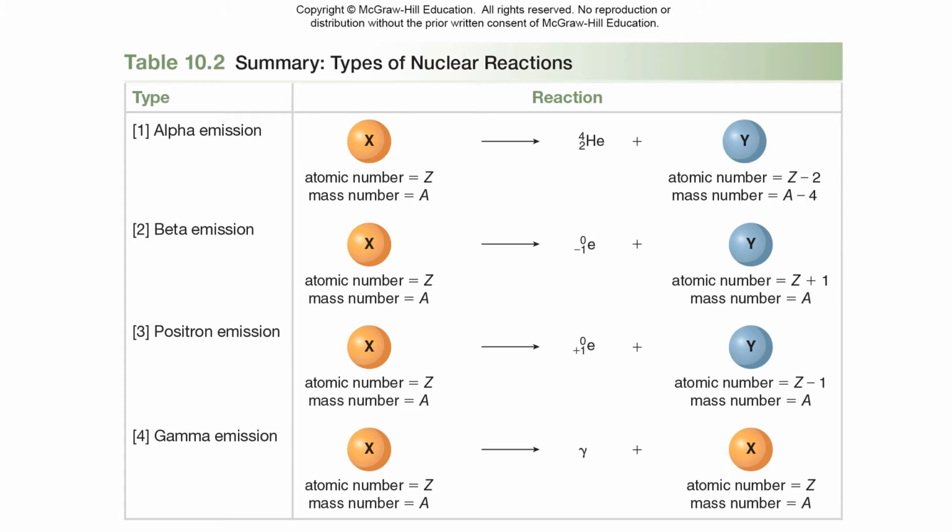So you would just need to plug in what is the atomic number, what is the mass number, and then it shows you what is lost in terms of energy or particle, and it basically walks you through what to add or take away from your atomic number as well as your mass number. So it's kind of a really helpful table if you're really struggling to keep it all straight. Have this in front of you so you can figure out what is my equation going to look like after I have an emission of one of these particles.